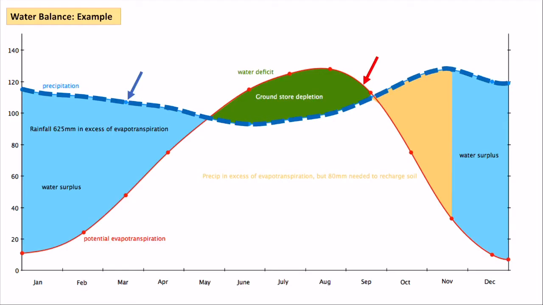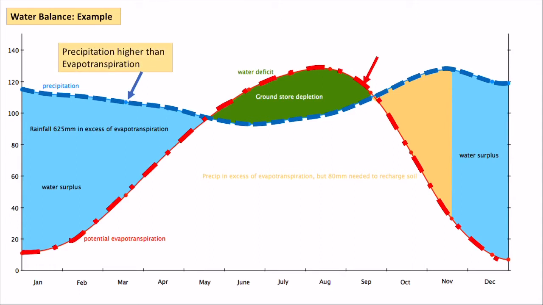That shows the amount of rain coming into this drainage basin and this river over time. And the red line I've just shown is showing the evaporation. So when we have precipitation being higher than the evapotranspiration, that means we've got more inputs than outputs. That means we're going to have a water surplus.